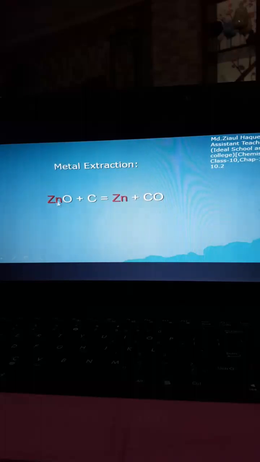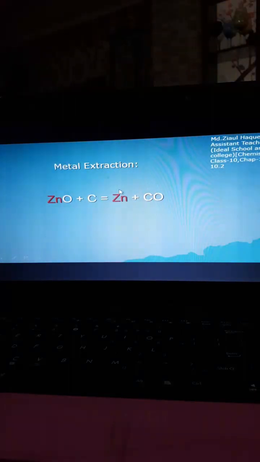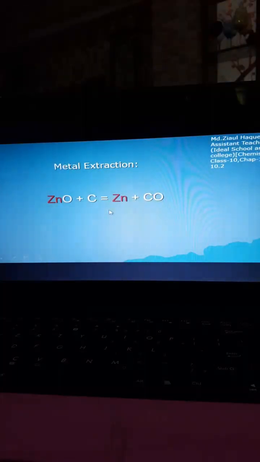So this zinc oxide is a compound. But zinc, when freed, has no link, only zinc. It is an element. So in such a way, when you get the metal, this is called metal extraction.